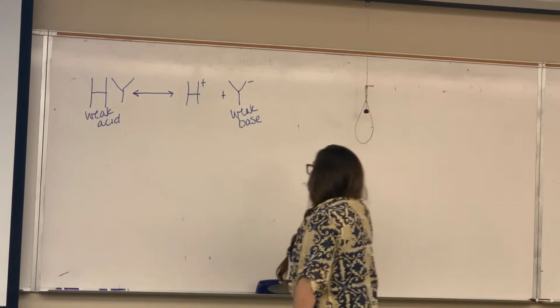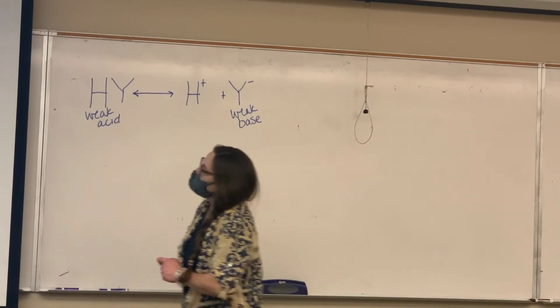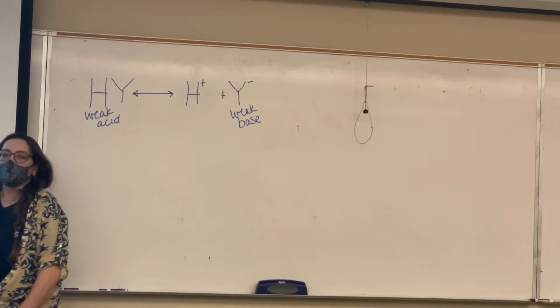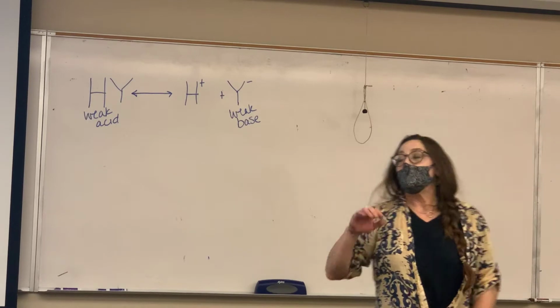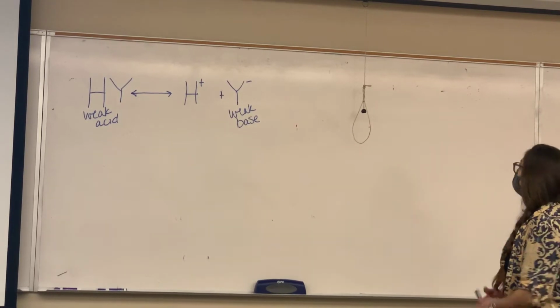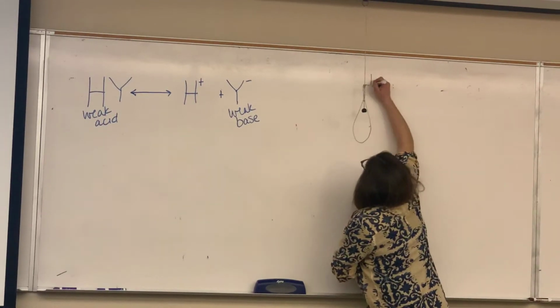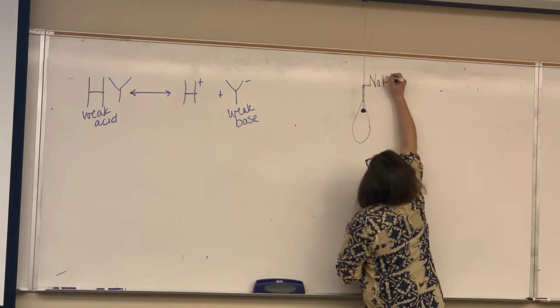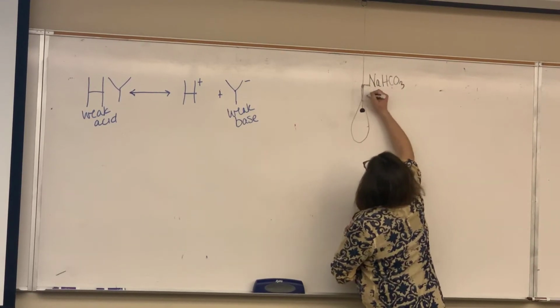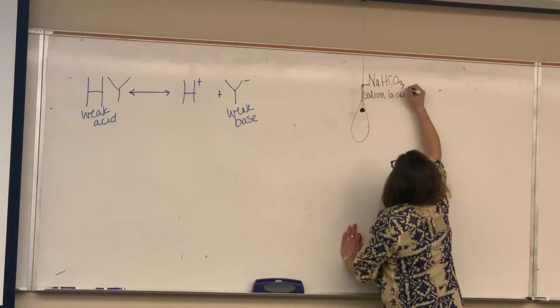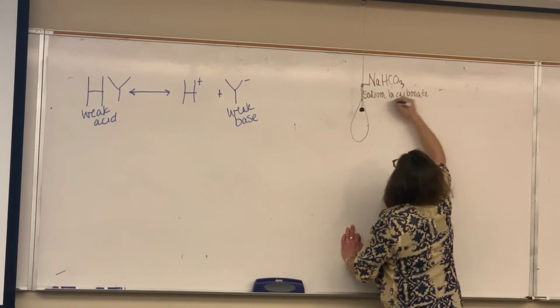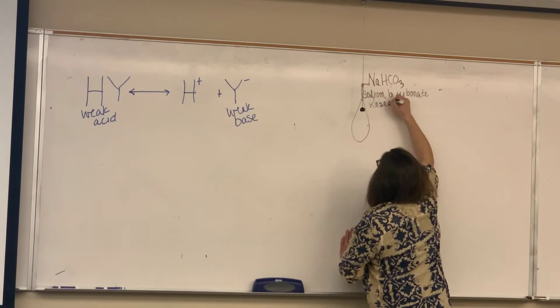So the way this system works is, outside of your cells, you have a lot of sodium bicarb. Okay, we've already said that you've got a lot of sodium outside of cells. You've got a lot of bicarb outside of cells. So we've got what's called a sodium bicarbonate reserve, and you just have a lot of that.